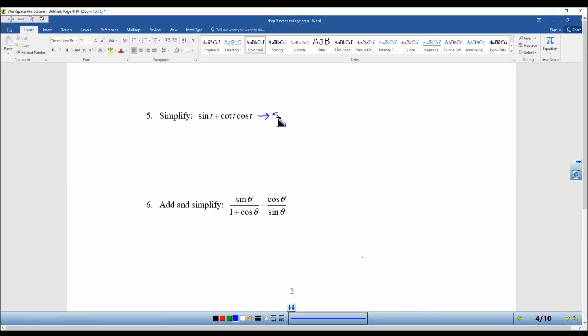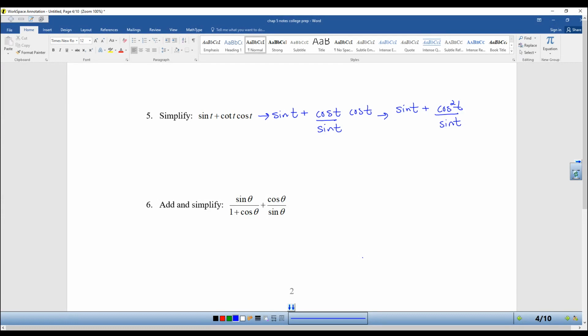So change everything. This is a sine. Cotangent is the same as cosine over sine, and this is already a cosine. And at least now I can do something with it. I can change this to sine of t plus cosine squared t over sine of t.